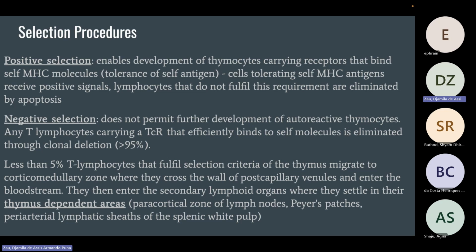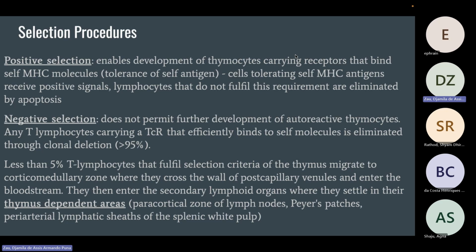And then they're going to migrate. Remember, they went to the thymic cortex. They proliferated, they matured, they got their receptors, they went through the negative and positive selection, so we destroyed all of the autoreactive ones, and all of this is happening in the cortex. After they leave the cortex, they migrate to the corticomedullary zone. From the corticomedullary zone, they're going to cross the venules and enter the bloodstream and go to the secondary lymphoid organs.